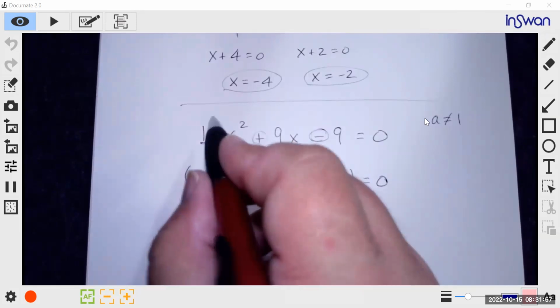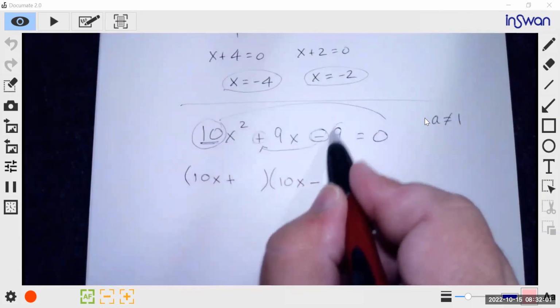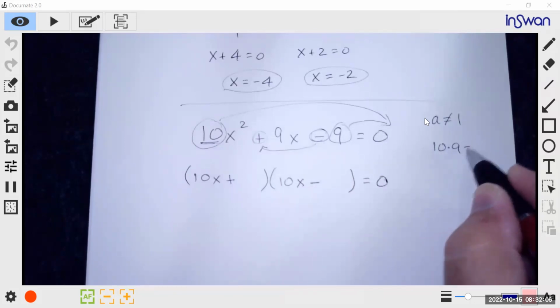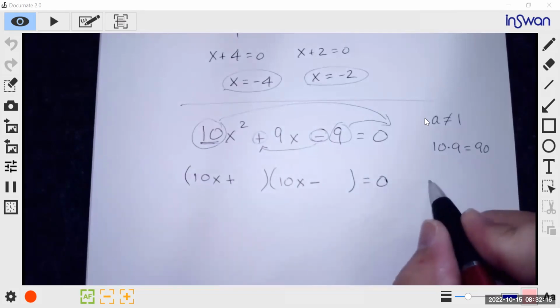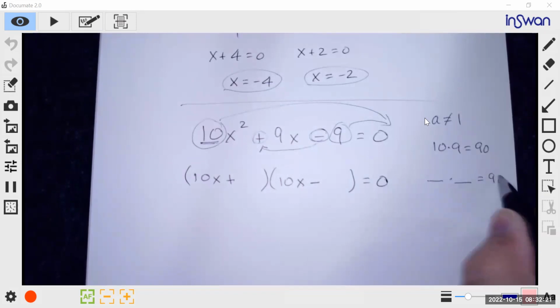Third step, take the first number and the last number. 10 times 9 is 90. Multiply them together. Now we have to figure out what times what is 90.